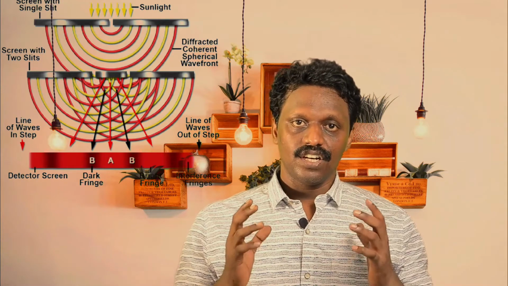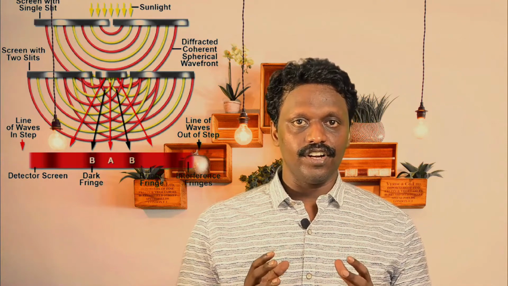The basic setup of the experiment is represented here. Red filtered light derived from the sunlight is first passed through a slit to achieve a semi-coherent state. Light waves exiting the first slit are then made incident on a pair of slits positioned close together on a second barrier.